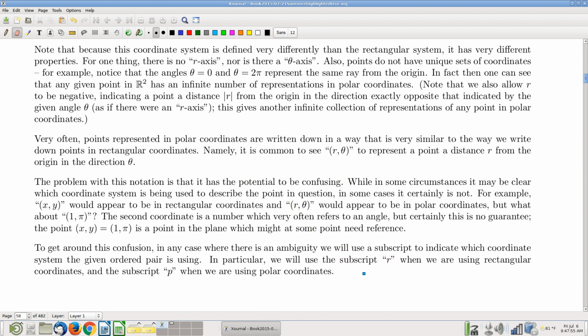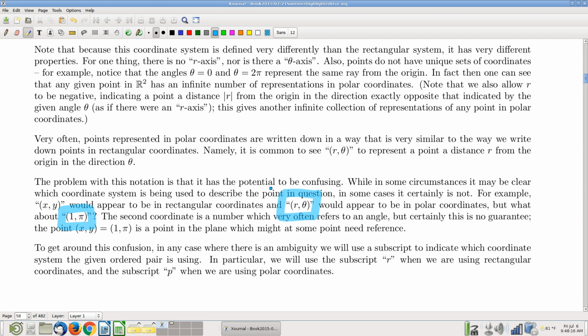Here's another awkwardness, just a notation. Let's suppose you write down 1 comma pi. What does that mean? Very often people would look at that and say, well, that looks like an r and a theta, so this must be the point where r is equal to 1 and theta is equal to pi. That would be a reasonable guess.